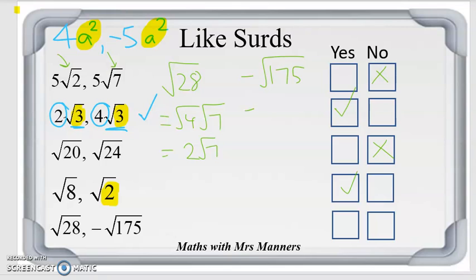I know that 25 goes nicely into 175: it goes in 4 times, and then there's an extra 75, so that's another 3 times, so it must be 7. So that reduces to minus 5 root 7. Then I can see root 7, definitely like surds, so these are a yes.